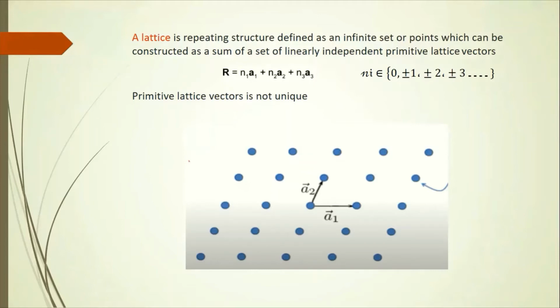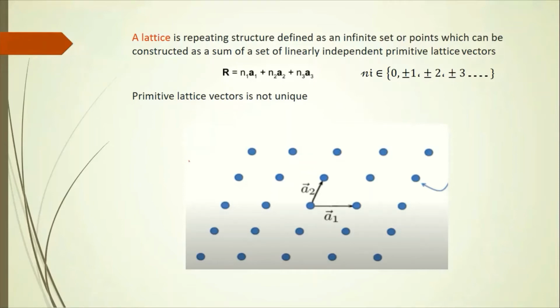A lattice is a set of points which can be constructed such that you should be able to get from one of these points to any other point by a combination of the primitive lattice vectors.